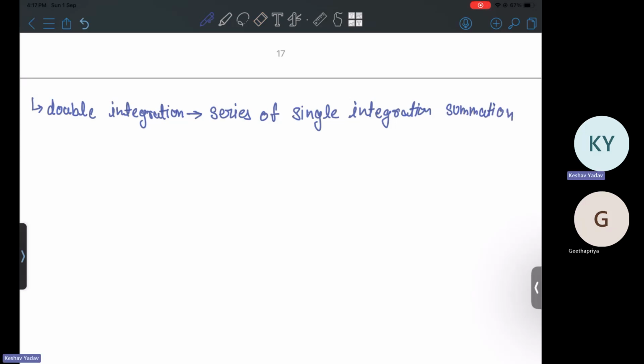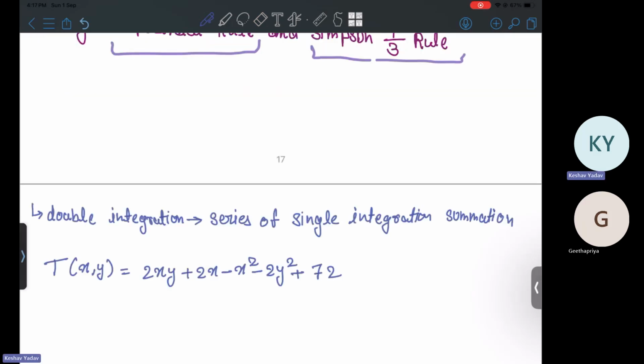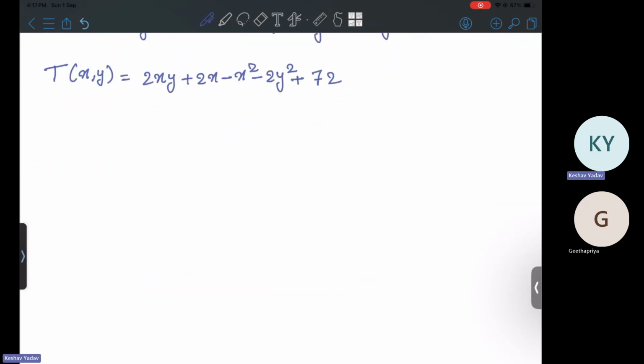Okay. This is what the double integration is. So here we have the temperature distribution T of x comma y defined as 2xy plus 2x minus x square minus 2y square plus 72. I hope this is the formula. Right.